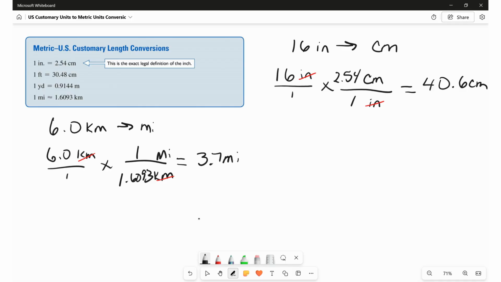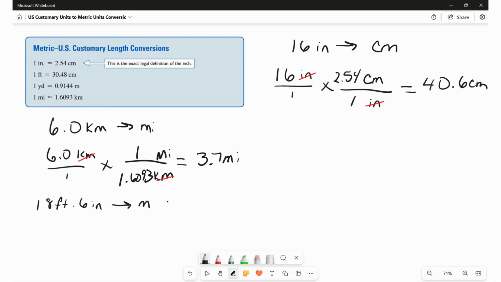Now let's look at one that's a little bit more complex. Let's say that we want to take 18 feet, 6 inches, and convert this to meters. We've got a couple of options here.